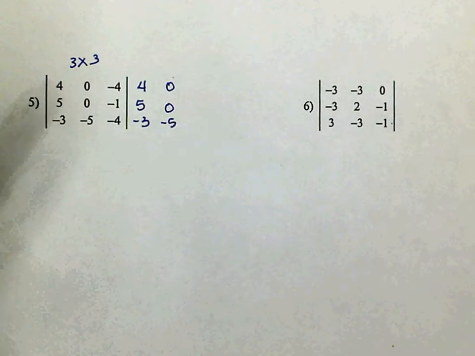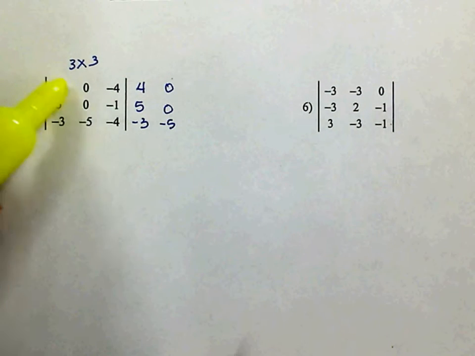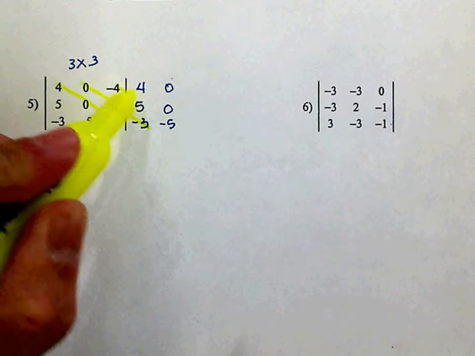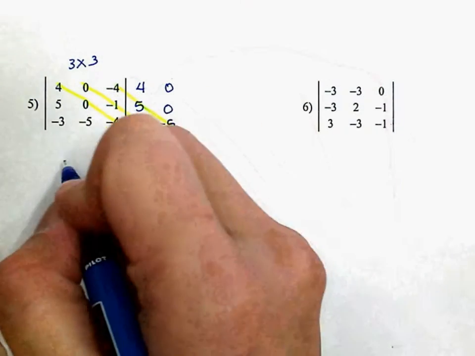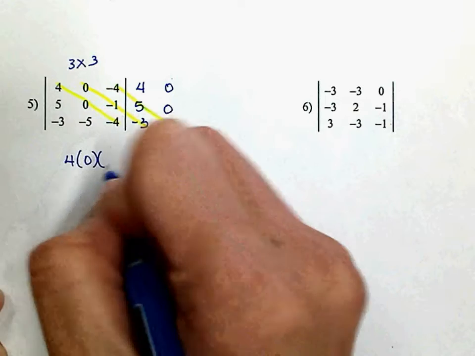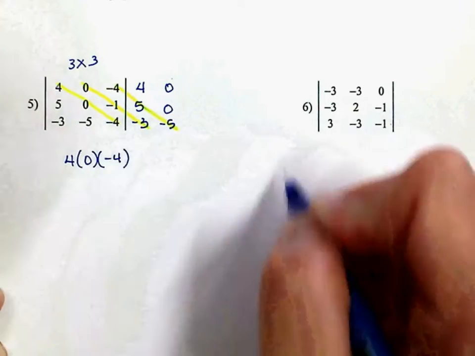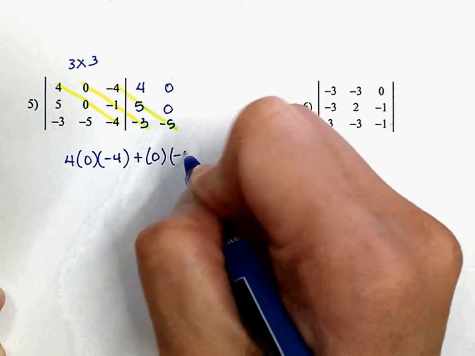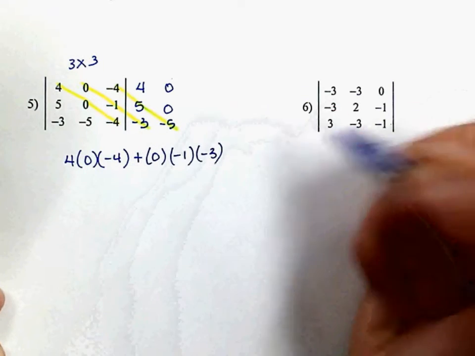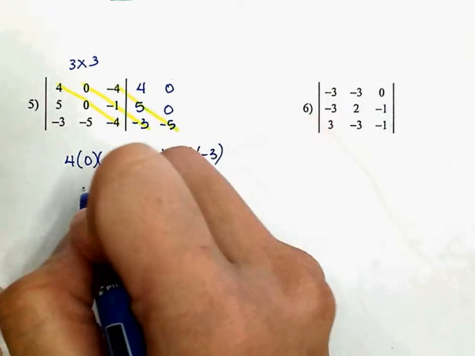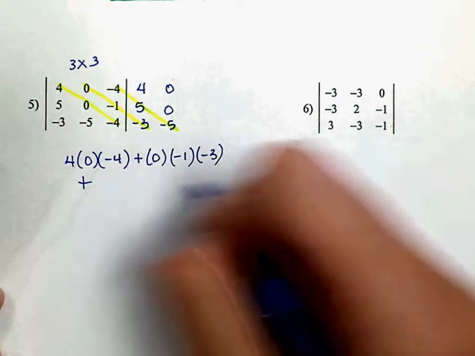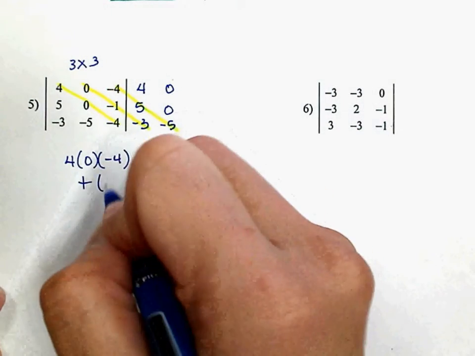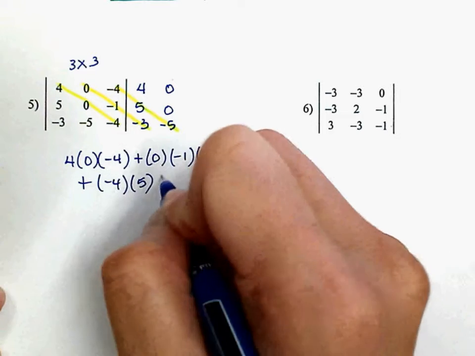What you do is you're going to add all the diagonals going down together. So you will have 4 times 0 times negative 4. This is one big equation. Plus 0 times negative 1 times negative 3. Plus, I'm going to continue down here because I don't have room over there. Negative 4 times 5 times negative 5.